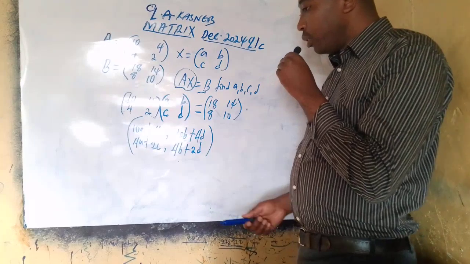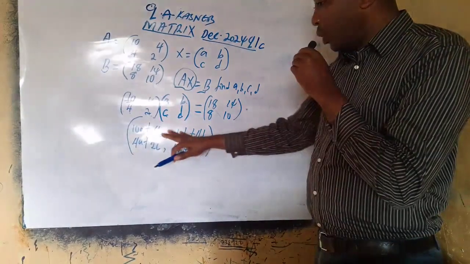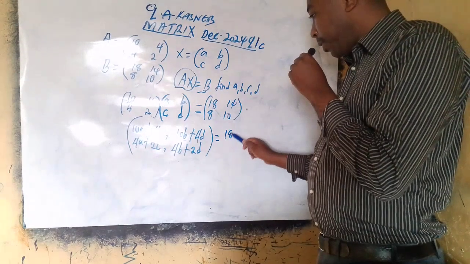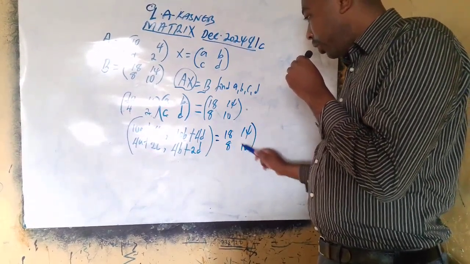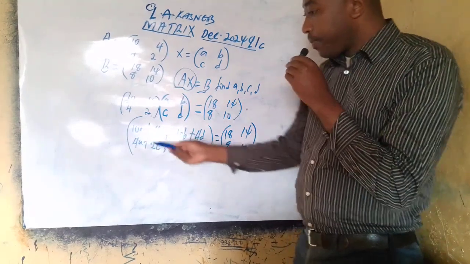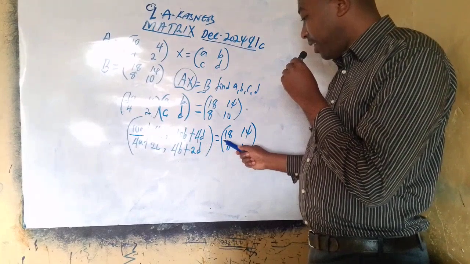Now, that is it. Now we are supposed to equate this with our B here. We equate it with our B there. Now, it means the first element here is equal to the first element there.